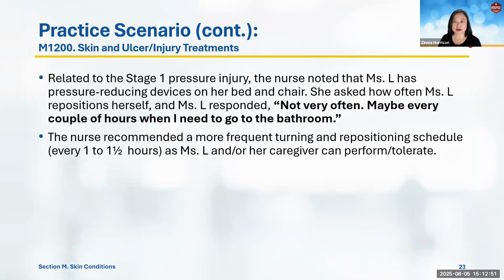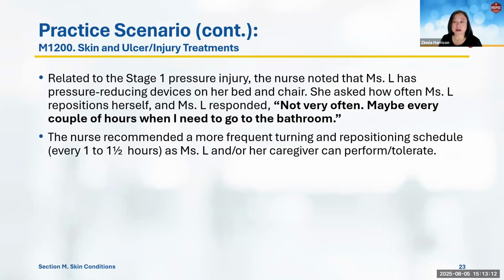Let's go to the next slide. Related to the stage 1 pressure injury, the nurse noted that Ms. L has pressure reducing devices on her bed and chair. She asked how often Ms. L repositions herself, and she said, not very often, maybe every couple hours when I need to go to the bathroom.